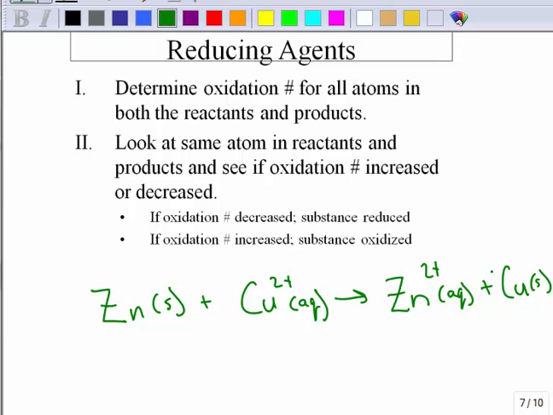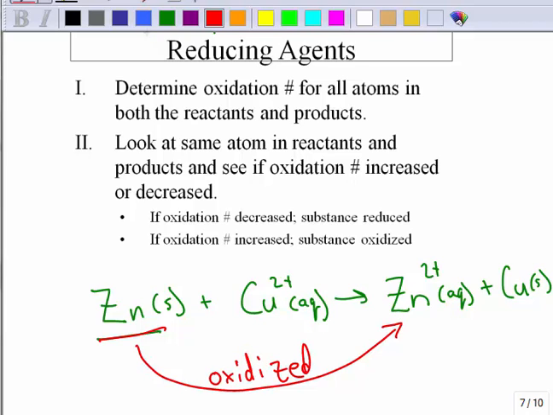And in this process, we noted that it is zinc that is losing electrons, that is, it is being oxidized, while copper is gaining electrons and it is being reduced.